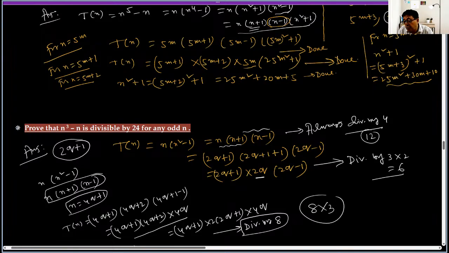In the first session I told you, you'll be wise in taking that number in the form of divisibility by 2, divisibility by 3, depending on the problem given. See, initially I also did not decide. I started with 2 cube plus 1. Then I had to change my mind. I took divisibility by 4.